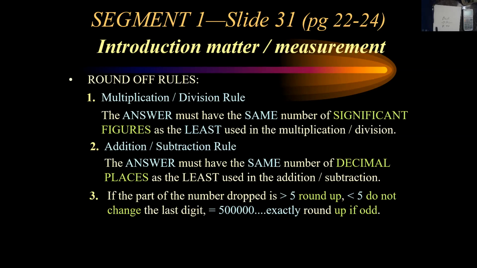You're going to drop the digit if it's less than 5, the round off part. You're going to move the number up 1 if it's greater than 5. If it's exactly 5, what you do is you look at the number you are affecting, the one you're rounding off to. If that's even, you just drop the stuff.